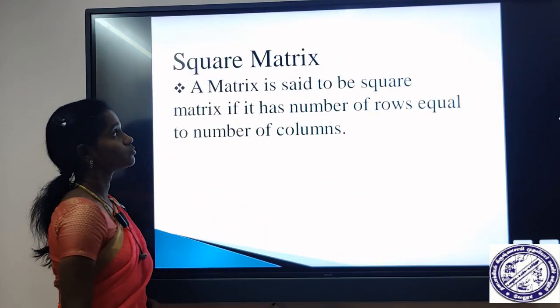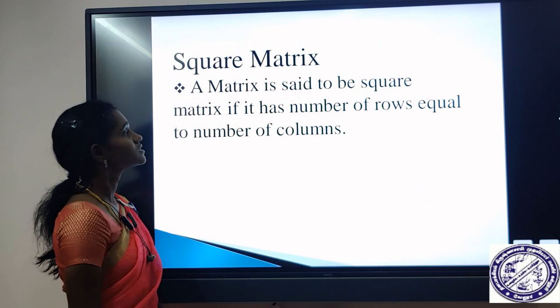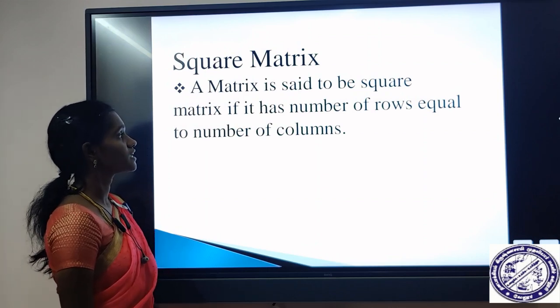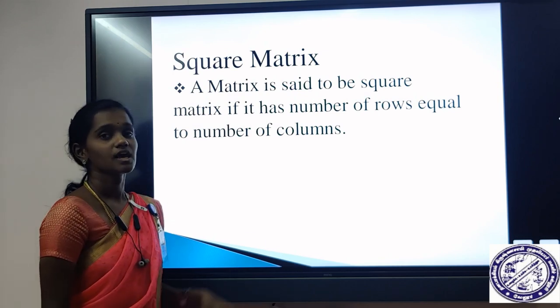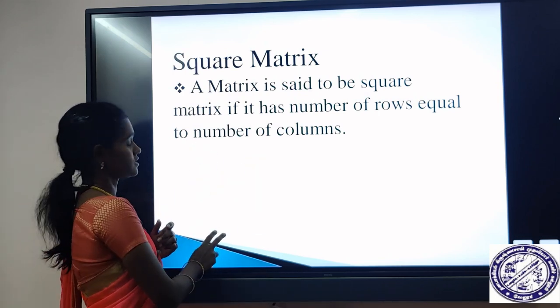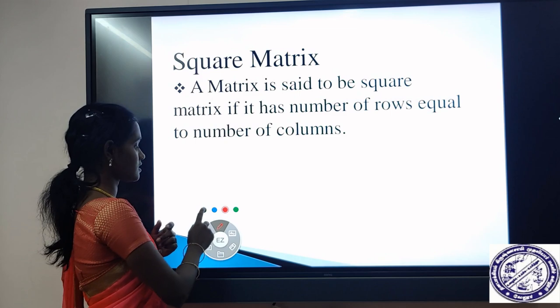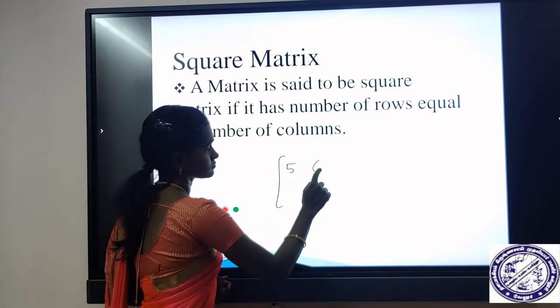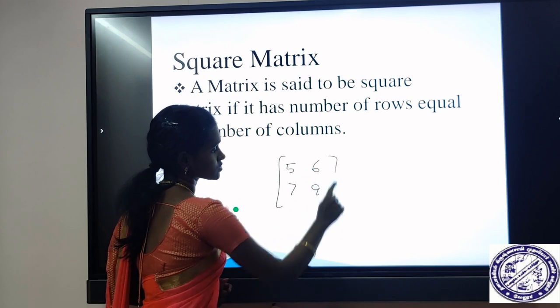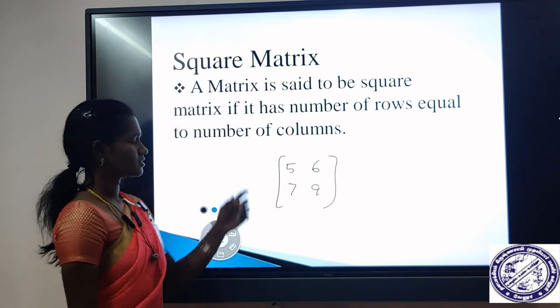Then we are going to say what is a square matrix. A matrix is said to be a square matrix if the number of rows is equal to the number of columns, which means the rows and the columns will be equal. Then we can say it is a square matrix. For example, this is called a square matrix.